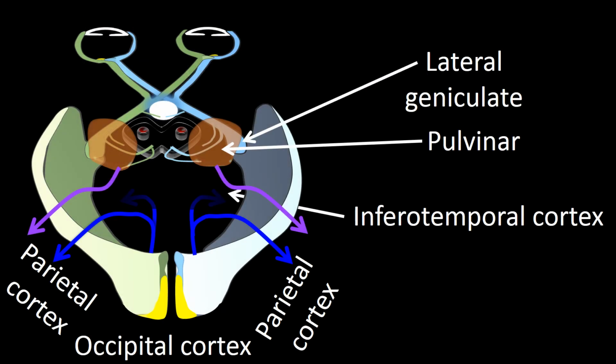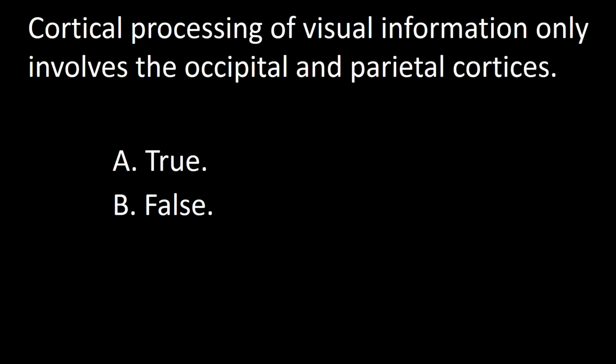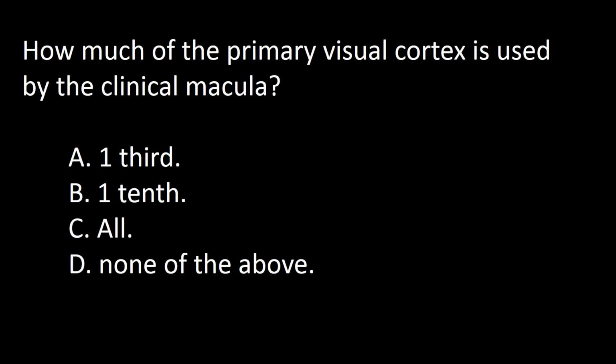In addition to the occipital and parietal cortices, the inferior temporal cortex is also involved in visual processing. So the answer to this question is B. Next question.